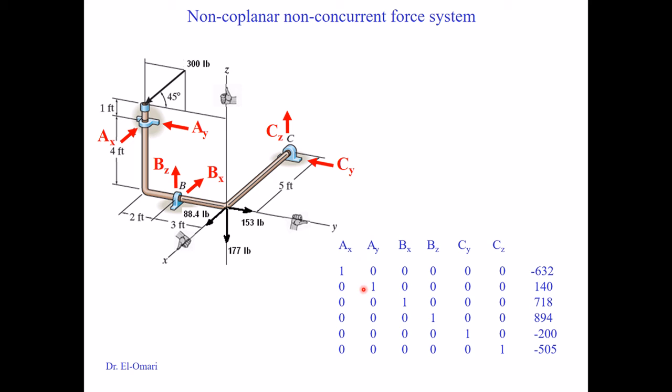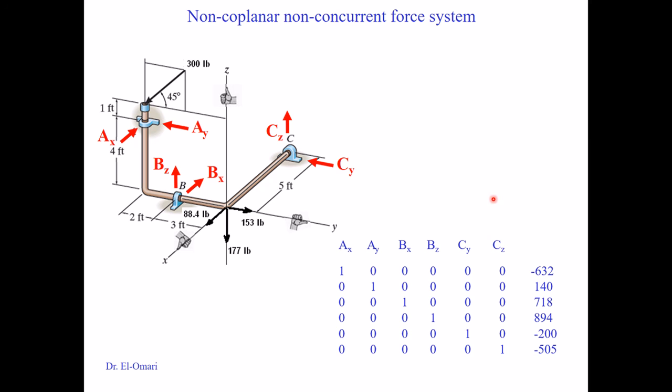And here AY is 140, right direction. BX is 718. BZ is 894, upwards, correct. CY is negative, which means it has to be in the opposite direction. And CZ is negative, which has to be in the opposite direction.